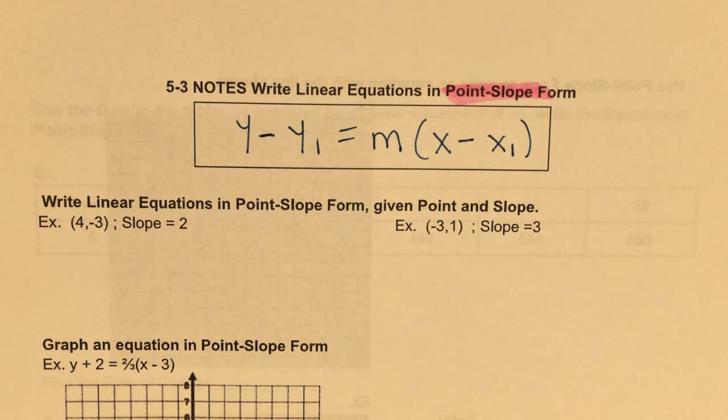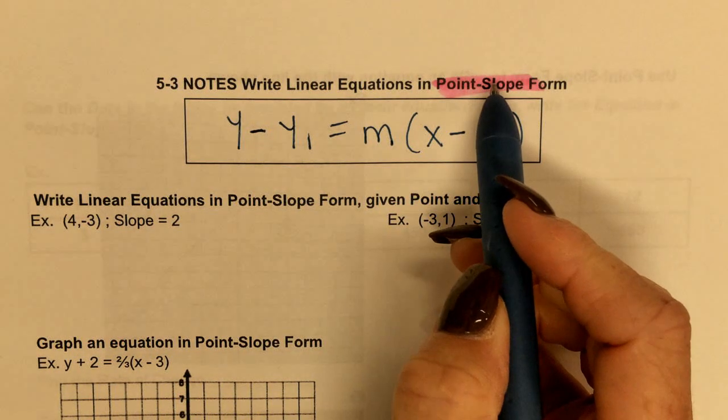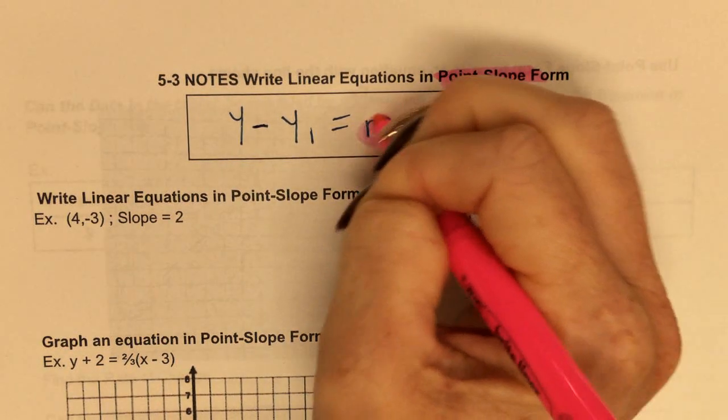So you know how in slope-intercept form we fill in the slope and the intercept? In point-slope form, you're going to fill in 3 numbers. You're going to fill in the point, which has 2 numbers, and the slope, which is 1 number. Yes? So I want you to, if you have 2 highlighters, if you don't, you can just circle it. The m is the what?